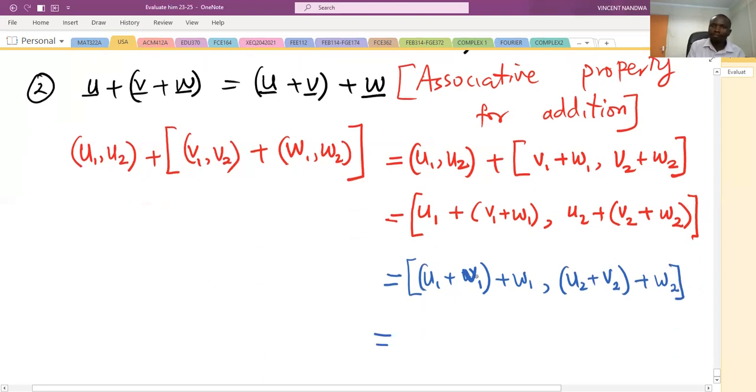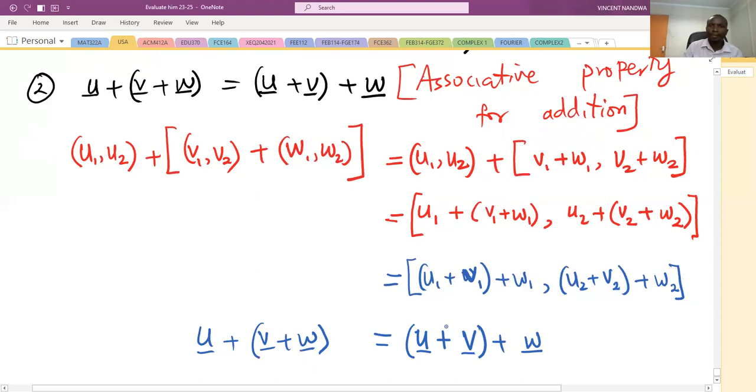You see this is the same as saying U plus V and then plus W. Remember we started from saying U plus V plus W. So you see these are the same.